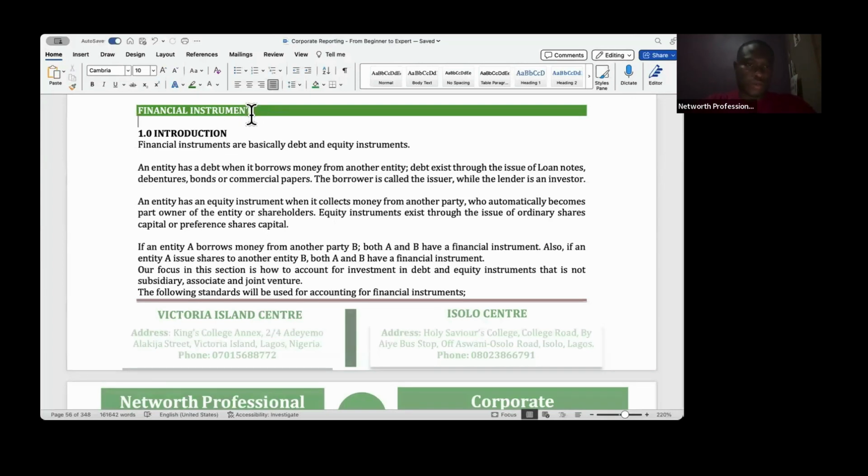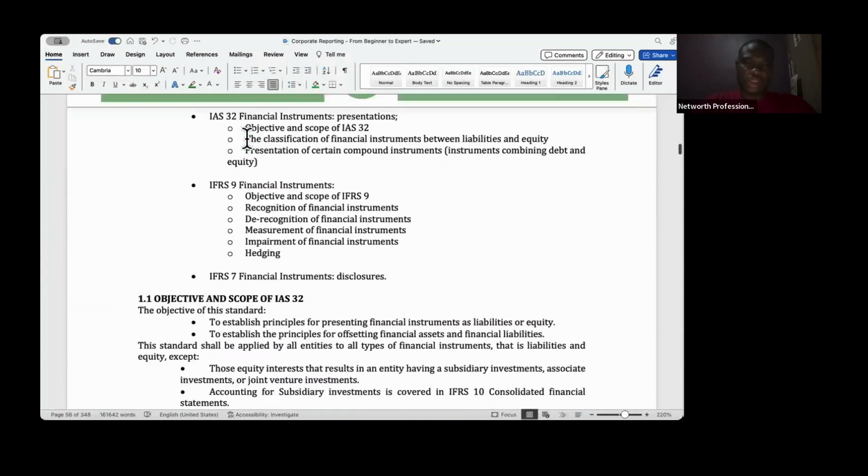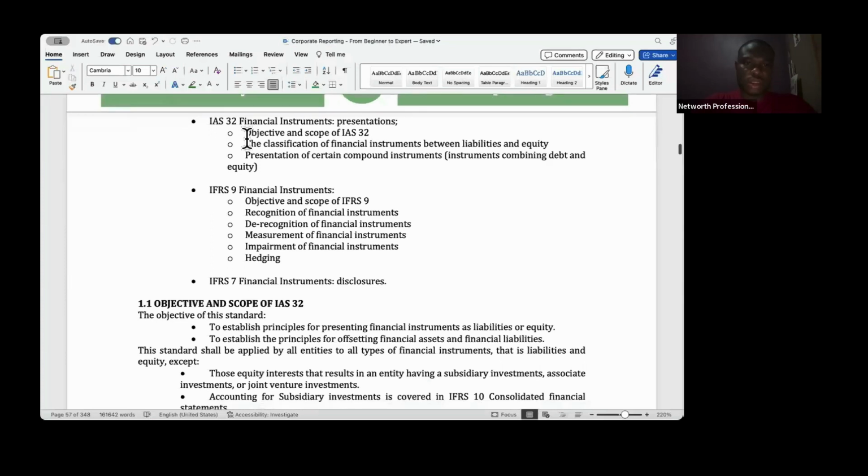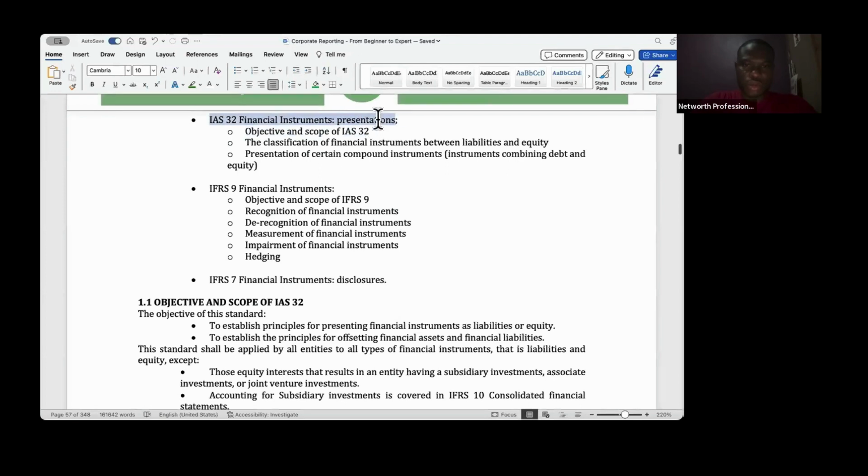So today now, we'll be starting a new topic around financial instruments. Going straight to the point, we are going to be looking at two standards to take care of this topic. One is IAS 32.